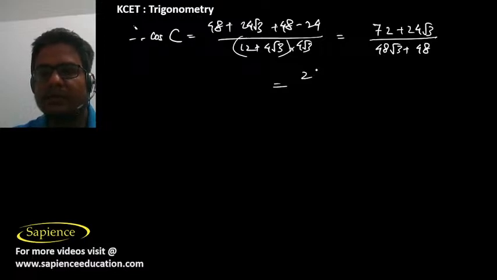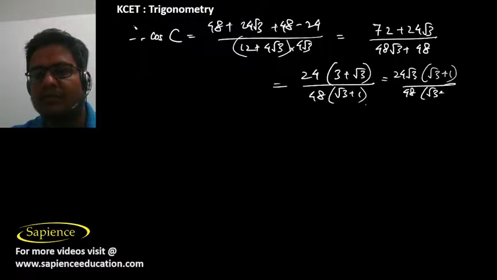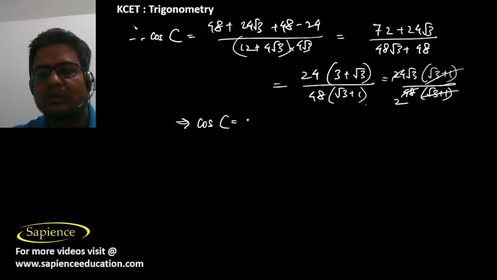From here I can take 24 as common, so 24 into (3 plus root 3) divided by 48 into (root 3 plus 1), and I can also take root 3 as common. This will be 24 root 3 into (root 3 plus 1) divided by 48 into (root 3 plus 1). So 24 2s are 48, root 3 plus 1 will cancel. So cos C is equal to root 3 by 2.